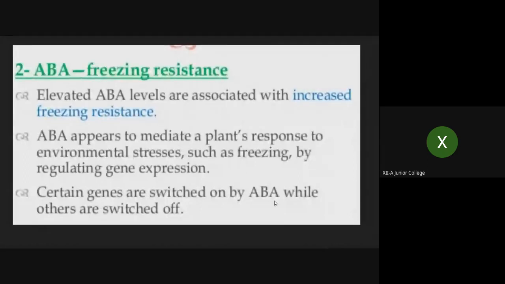When conditions change, such as very high temperature, these environmental conditions are considered in relation to increased freezing resistance. In some plants, where such a condition is very important, the temperature part is very important, and that can be maintained by the application of ABA.